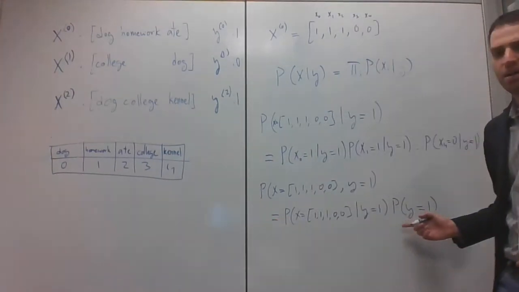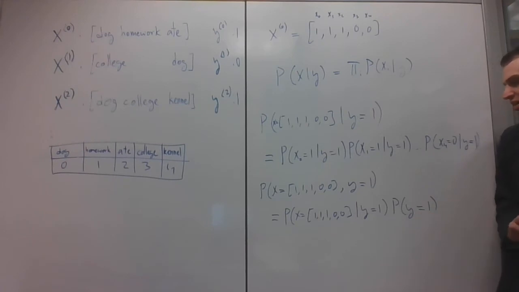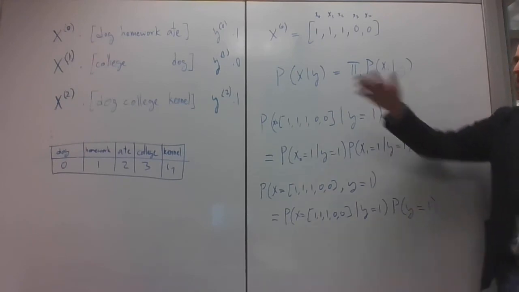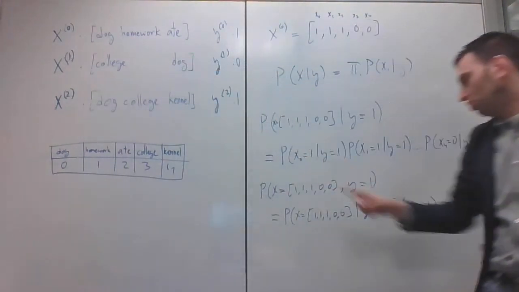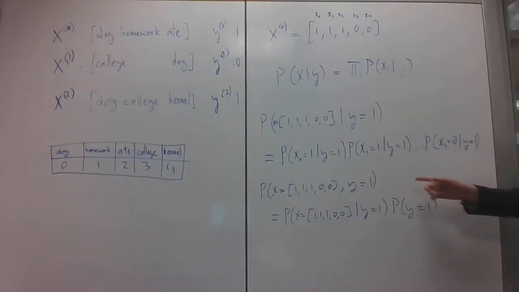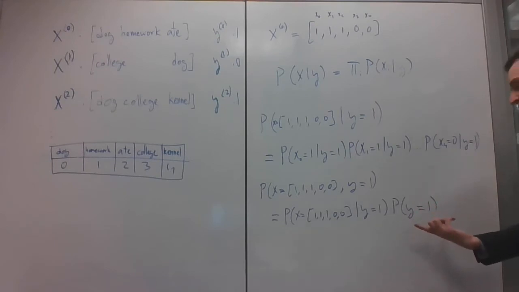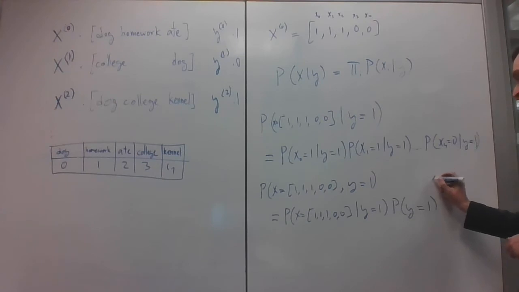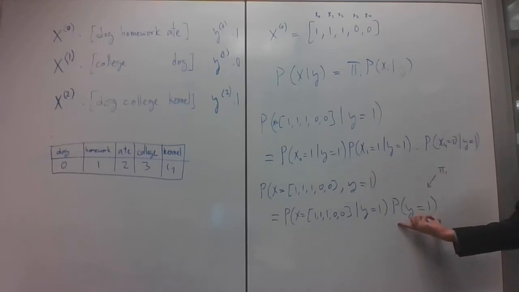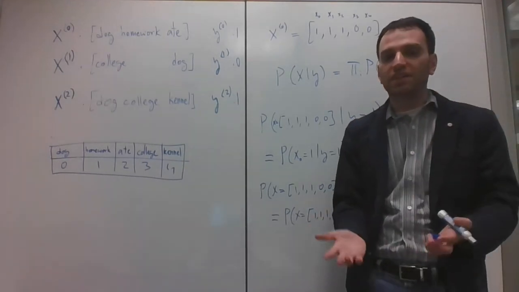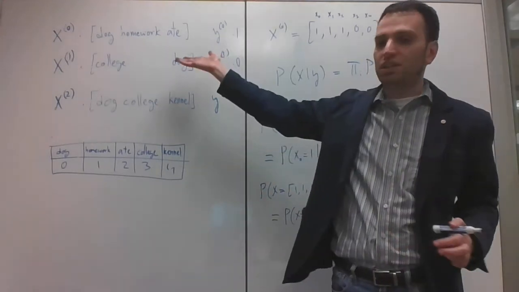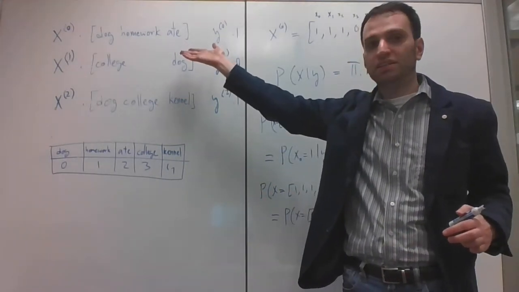How do you think about a formula like that? When we're generating this kind of data, we first decide whether the email is going to be spam or non-spam. With probability P of y equals 1, which we usually denote with something like pi 1, we'll say this email is going to be spam. Now, given that the email is spam, what kind of keywords are going to appear in it?